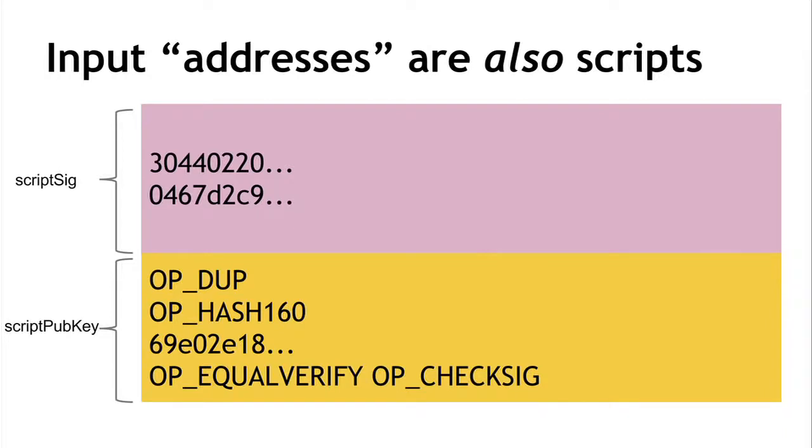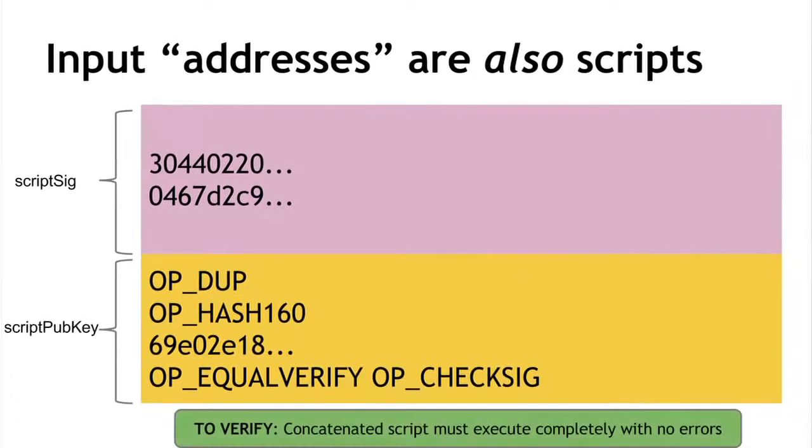Traditionally, these two scripts are called scriptSig and scriptPubKey. That's because in the simplest case, the output script just specifies a public key, and the input script specifies a signature with that public key. When a transaction is being validated, the two scripts get pasted together and run, and if the concatenated script can run without any errors, this is considered a valid transaction.